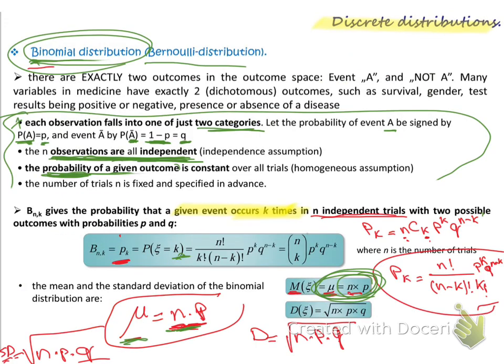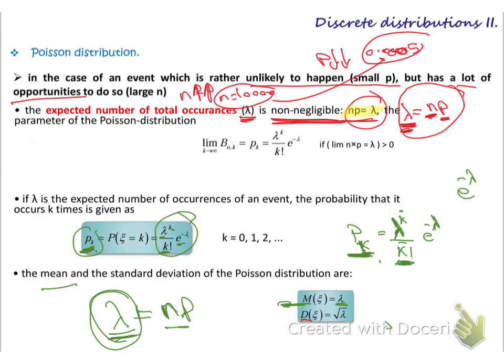As you remember, we said that if we take the square root of the mean np multiplied by q, we get the standard deviation. The same thing we can apply here, but without multiplying by q, because I don't have q in this case.